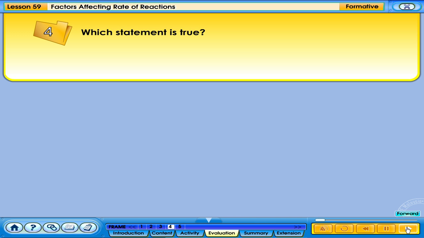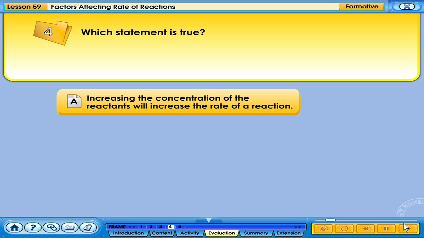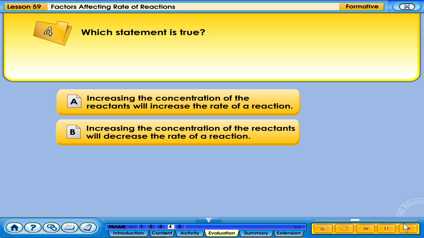Which statement is true? A. Increasing the concentration of the reactants will increase the rate of a reaction. B. Increasing the concentration of the reactants will decrease the rate of a reaction.